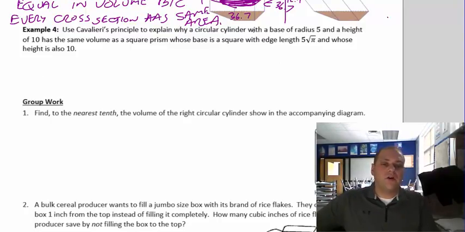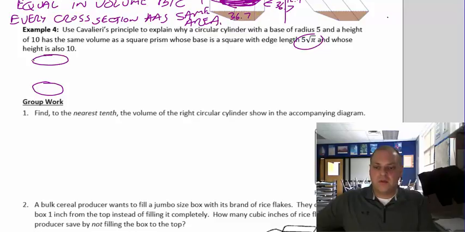a circular cylinder with a base of radius 5 and a height of 10 has the same volume as a square prism with edge length 5 radical pi and whose height is also 10. So I'm going to draw these out. I'm going to draw a cylinder here with a radius of 5 and a height of 10, and then a square prism.